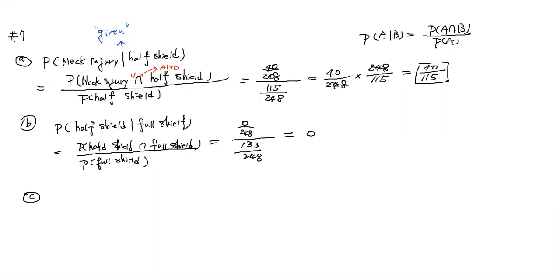Okay, so now part C. I want to find the probability of randomly selecting a hockey player with a concussion or wearing a half shield.